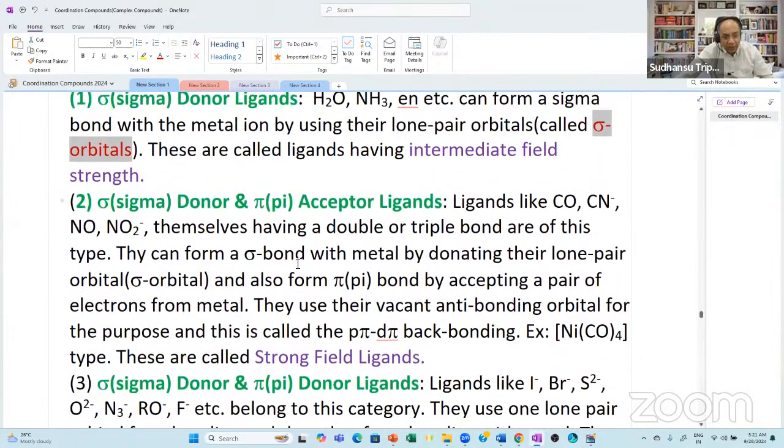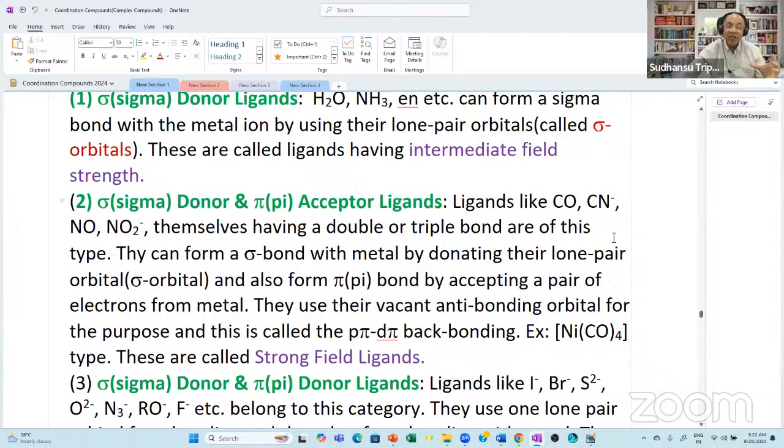The other one, very important in coordination compounds, is sigma donor and pi acceptor ligands. The ligand having a double bond or a triple bond like carbon monoxide, cyanide ion, nitrosyl, nitrite ion, where we have a lone pair on carbon, as well as a multiple pi bond, double bond or a triple bond.